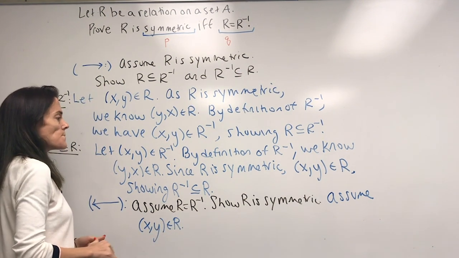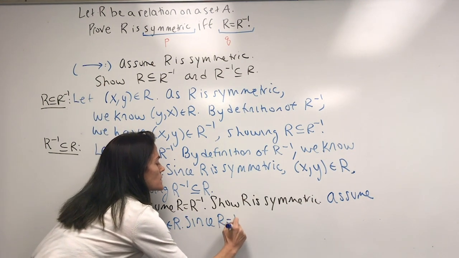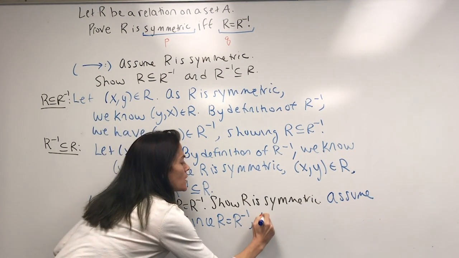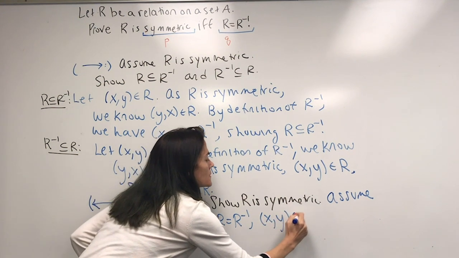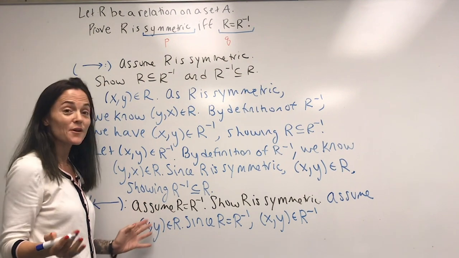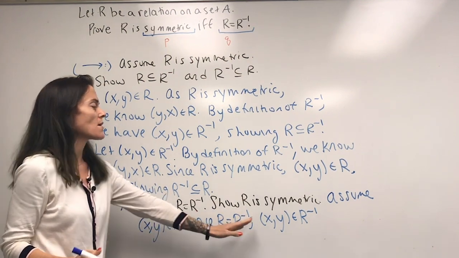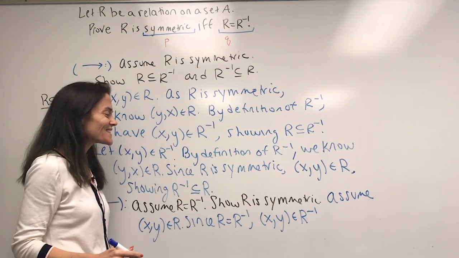Okay, well, since R equals R inverse, we know x y is in R inverse because the sets are equal. In particular, R would be a subset of R inverse. x y in R would mean that it is in R inverse.